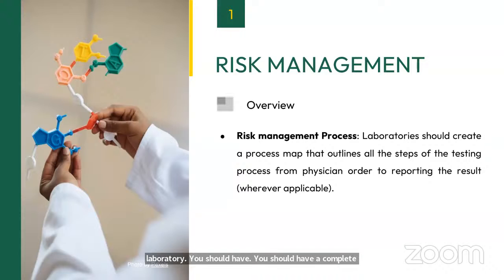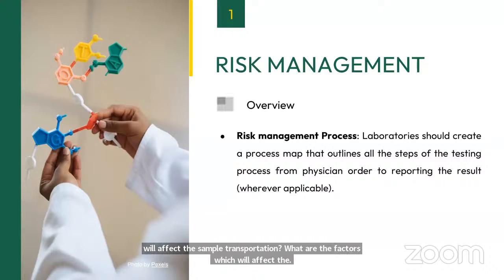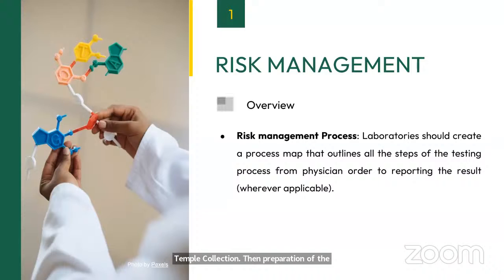The laboratory process basically starts right from the clinician order raising a request, whether the request is raised appropriately, whether the samples are appropriately collected, whether the billing is done appropriately, whether the procedure of sample collection was appropriate, whether there was appropriate patient identification, then sample transportation, what are the factors which will affect the sample transportation, what are the factors which will affect the sample collection, then preparation of the samples, what are the factors which will affect the preparation of the samples.